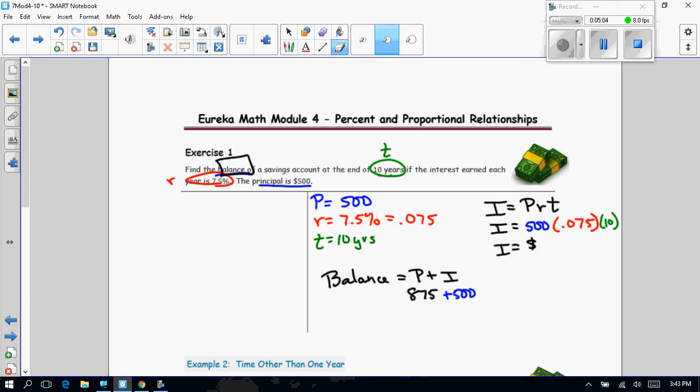I apologize, guys. My interest was wrong. Back it up. Interest, guys, I'm wrong. It was 375. There we go. My principal was 500 plus the 375. There we go. My balance is 875.